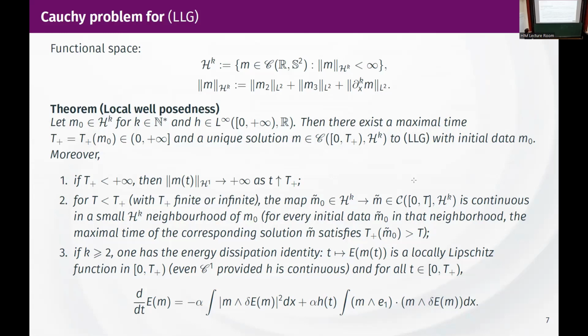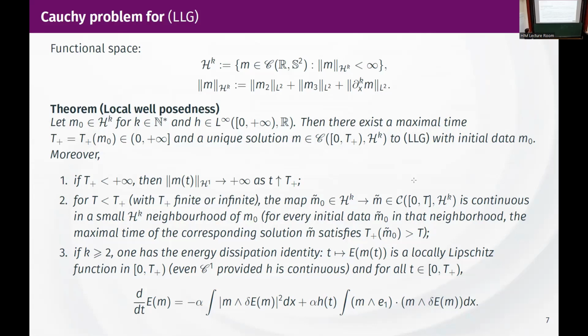And also, this is the important thing to work with. If you have continuity of the flow, if you have one solution, then in the neighborhood of this solution, all the solutions do not blow up too early and have continuity slightly before the blow-up time.